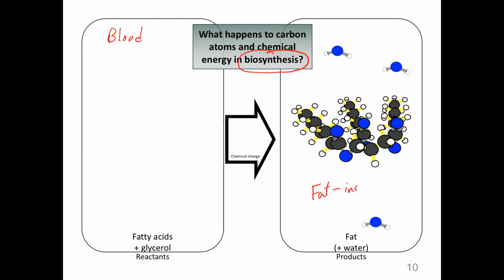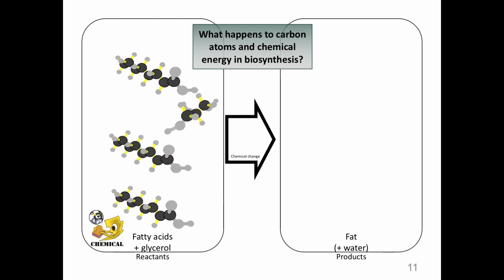So we can insulate with fat, and we can also protect certain organs with it as well. And if you're a hibernating creature, you have to put on fat like a bear would in the wintertime, and that biosynthesis would occur from any food that it digested. Remember, fatty acids that were digested turn into fat through biosynthesis.